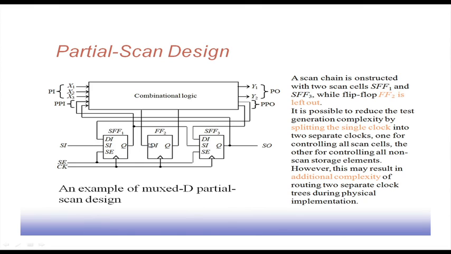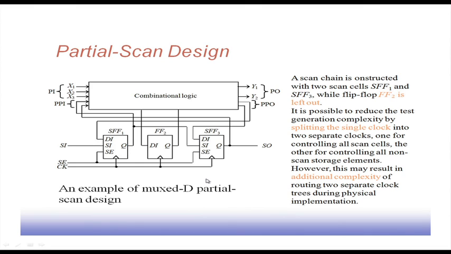So this is some type of partial scan design. SFF1 and SFF3, being scan flip flops, are connected in the chain from SI to Q of the first flip flop, to the SI of the third flip flop, and then Q to SO. That is possible, but flip flop 2 is left out.